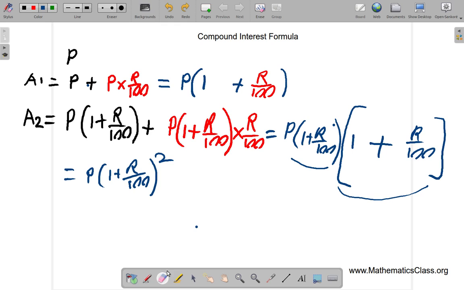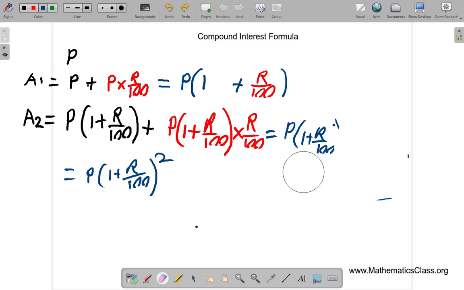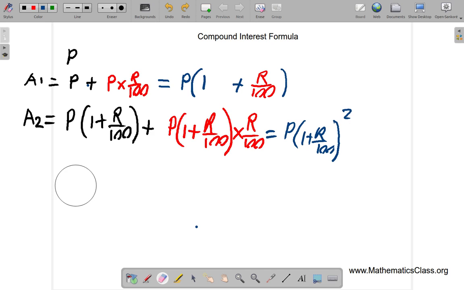Alright, so let's just do a little thing here. Erase this part and put it in the condensed form, P times 1 plus r over 100 squared. Now question, how much money do you have?